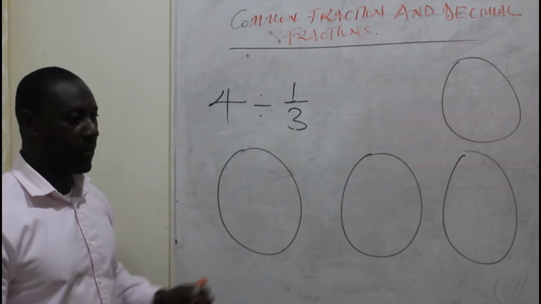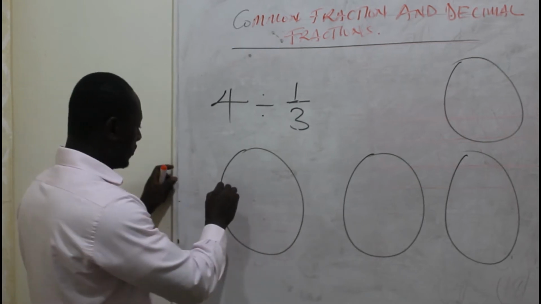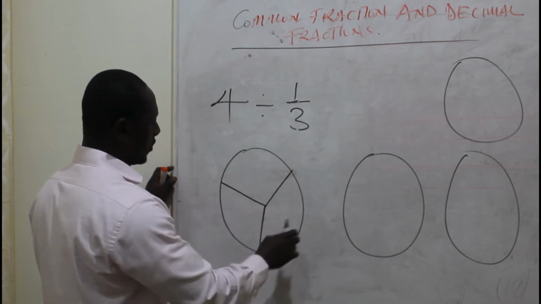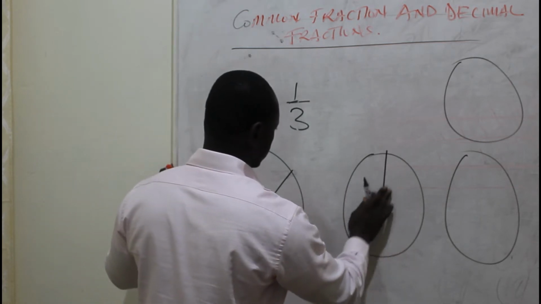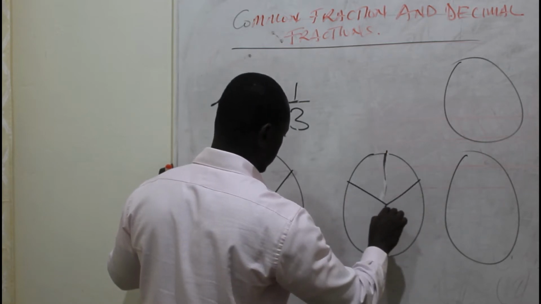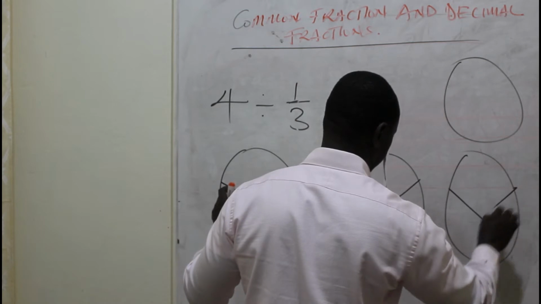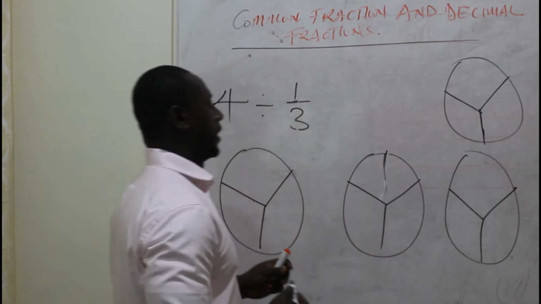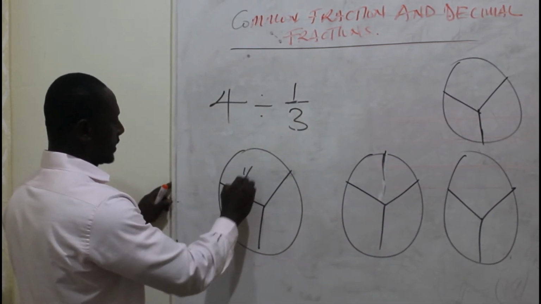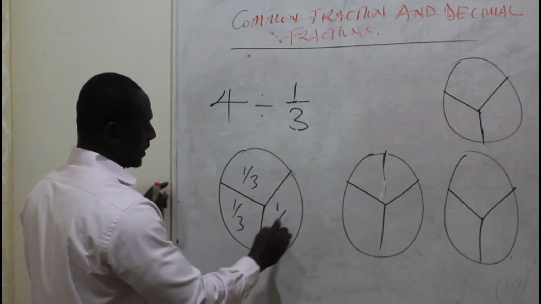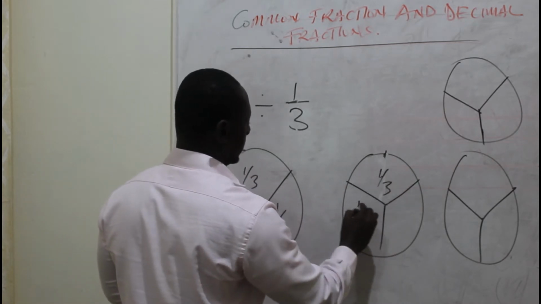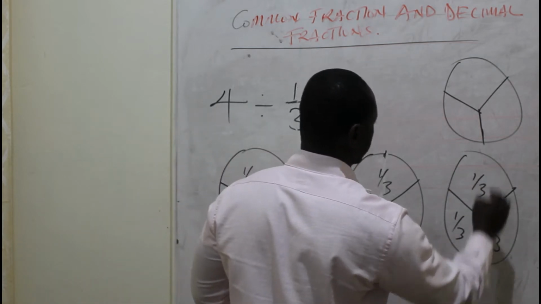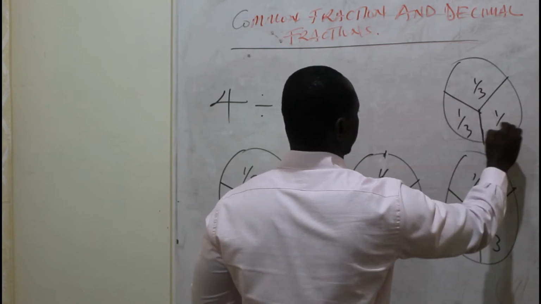So if I take a whole, I'm going to divide it into 3 equal parts. Okay, so let's label this one 1/3, 1/3, 1/3, and so on for all twelve parts.